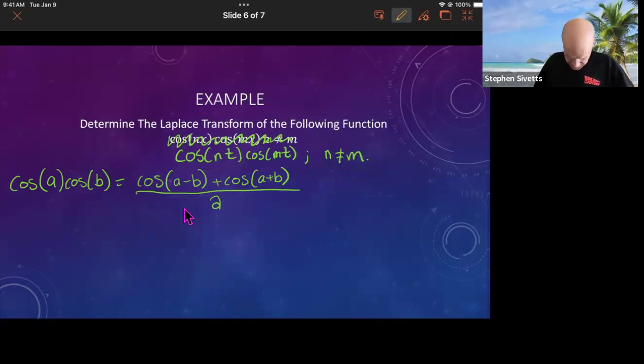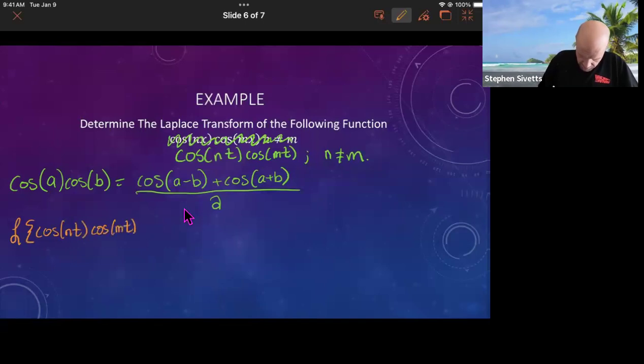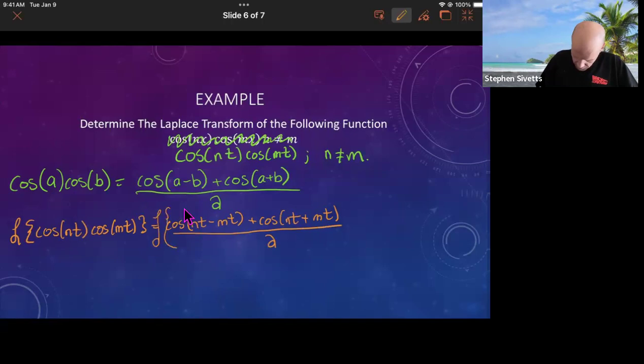Okay, so the Laplace transform of cosine of n times t times cosine of m times t equals cosine of nt minus mt plus cosine of (n plus m) times t, over 2. And we're taking the Laplace transform of that function. We know that the Laplace transform is linear, right?